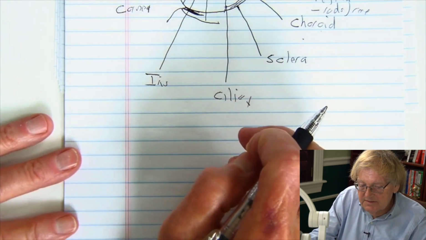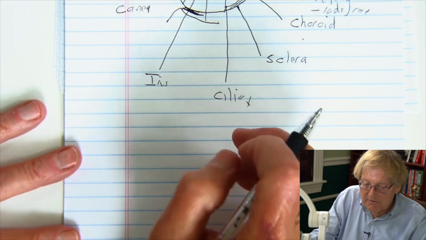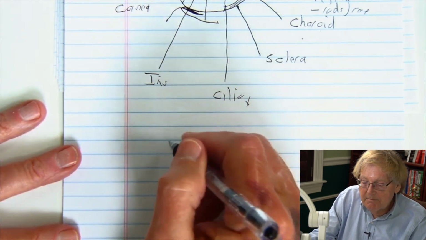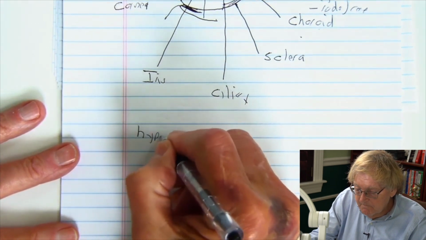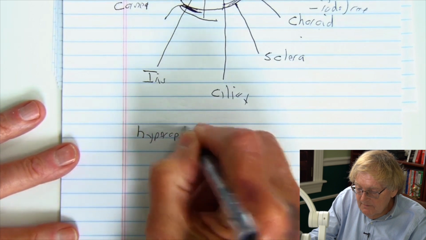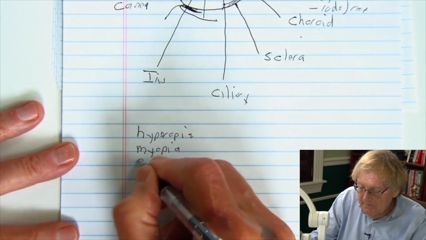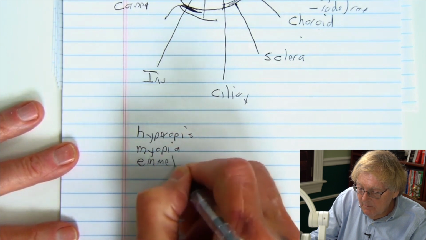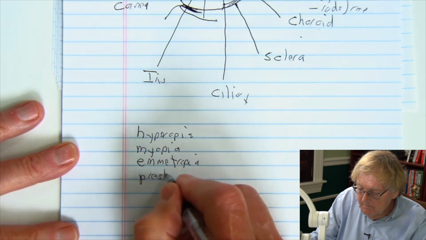The ear really lends itself to memorizing and knowing the diagram and going very carefully through the book. But when I think of the eye, remember you've got hyperopia, you've got myopia, you've got emmetropia, and you've got presbyopia.